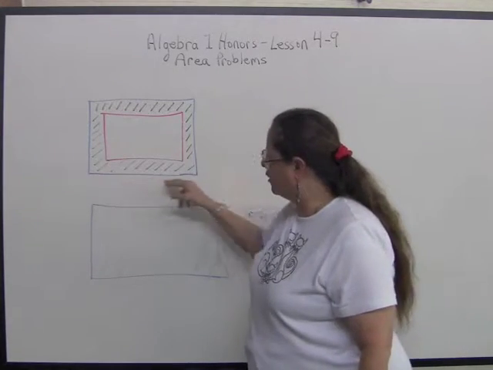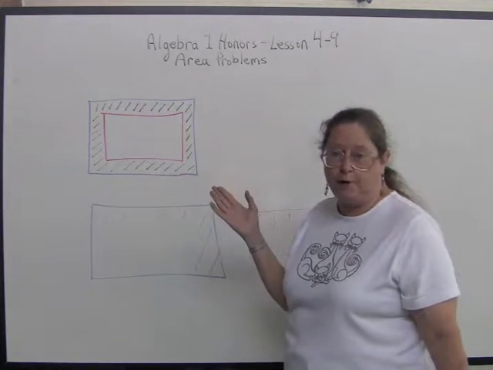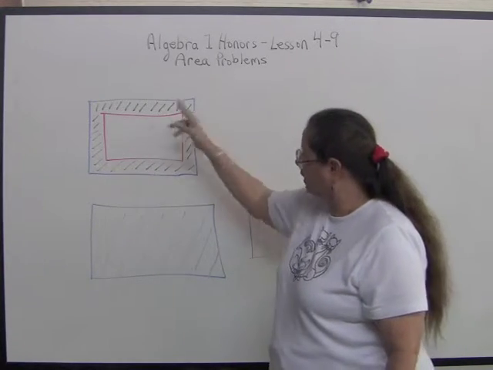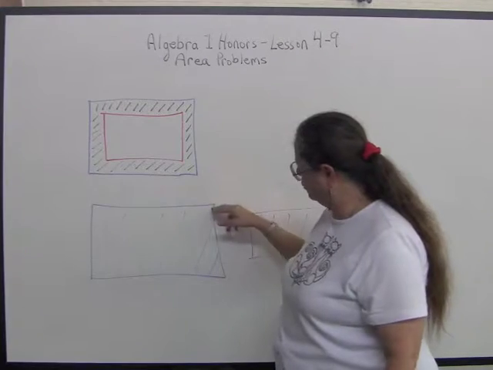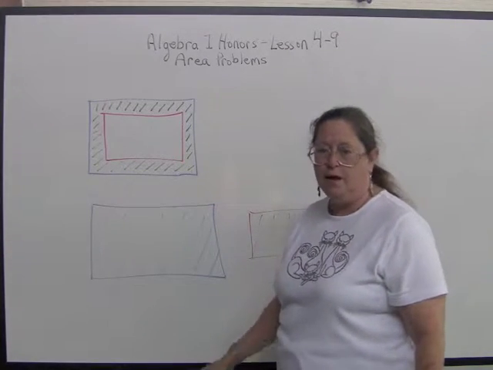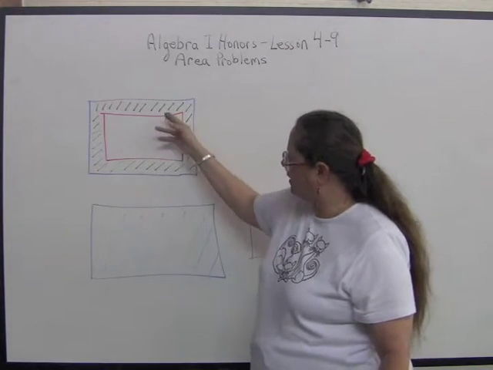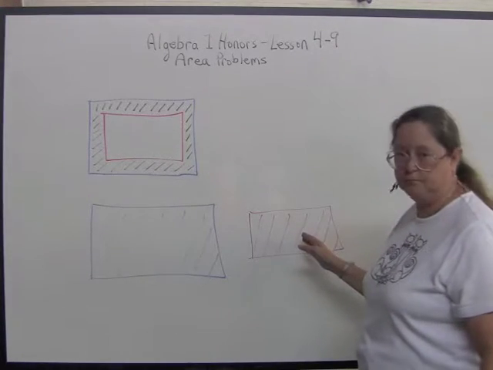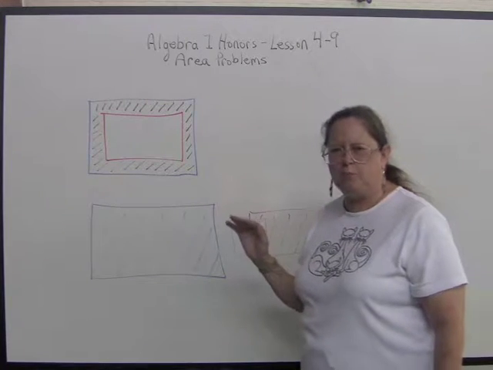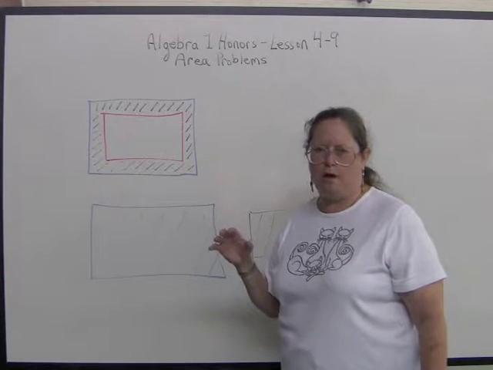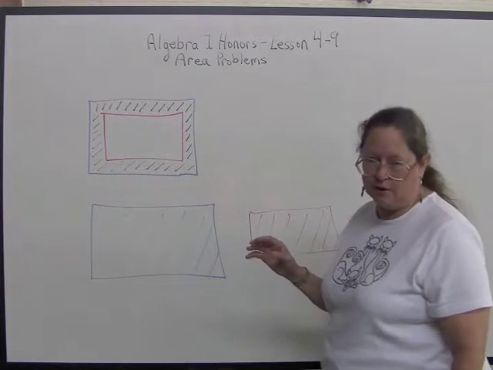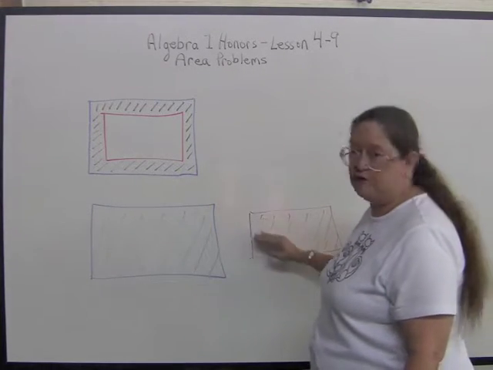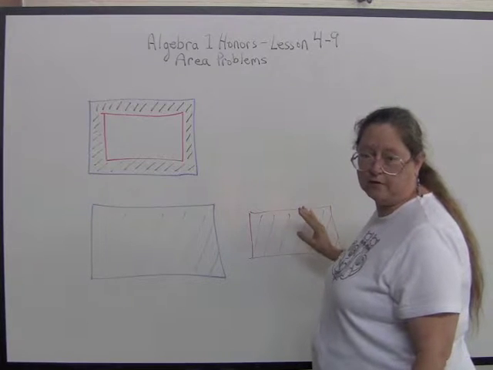You've got a large rectangle, or it might be a square, it might be a circle actually sometimes, but most of them will be rectangles. So here's our large blue rectangle. And then inside it, you have a smaller rectangle, the red rectangle, okay? And most of these problems are going to deal in some way with the difference in area between the large blue rectangle and the nested, the inside smaller red rectangle.